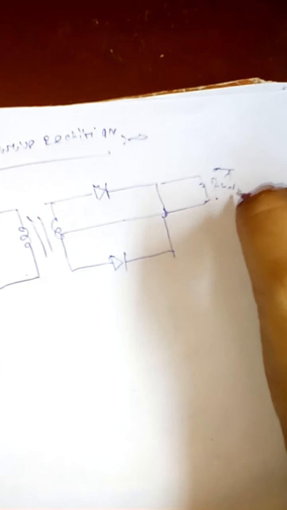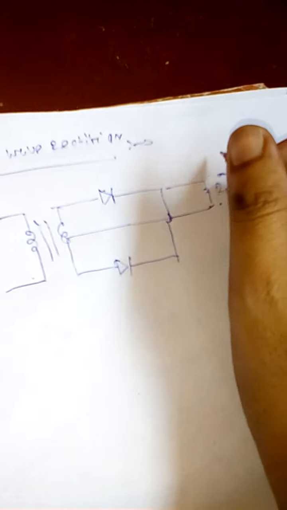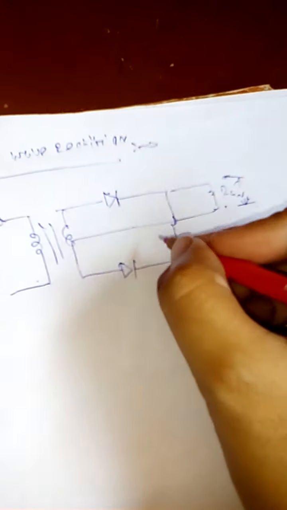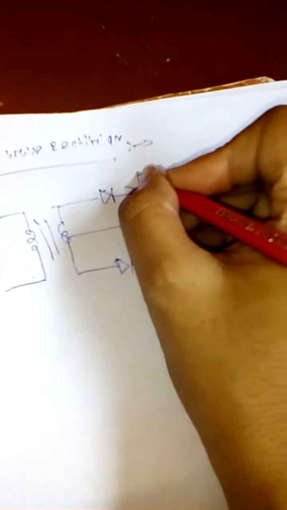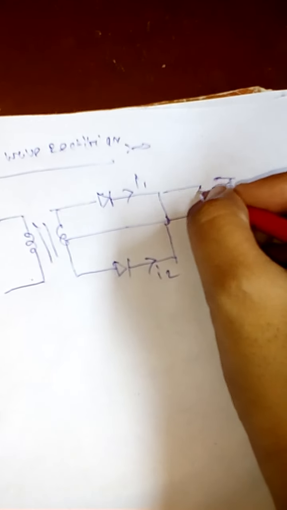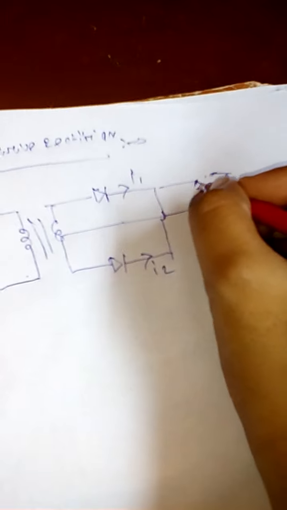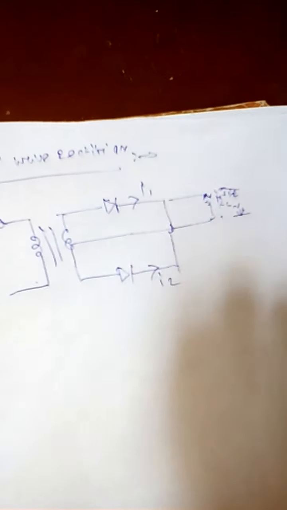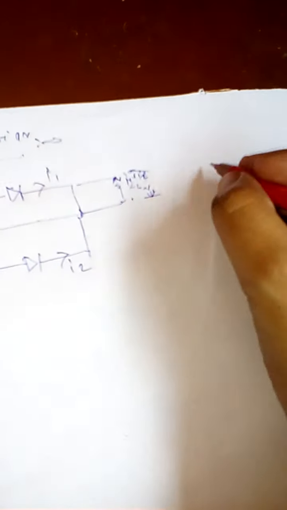So here we get I1 and I2, I1 plus I2, and the output we get is the full waveform.